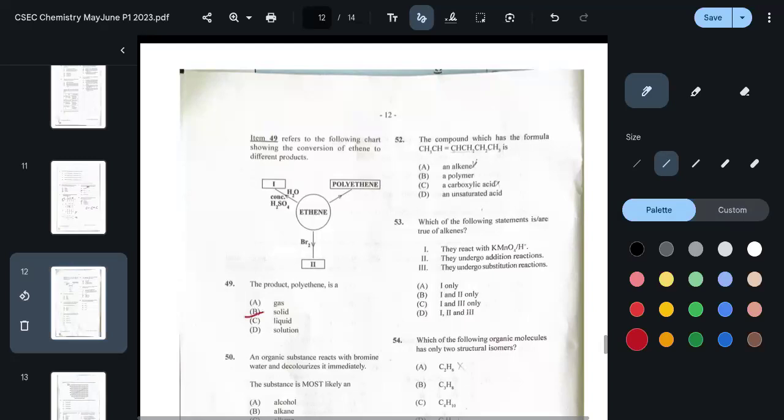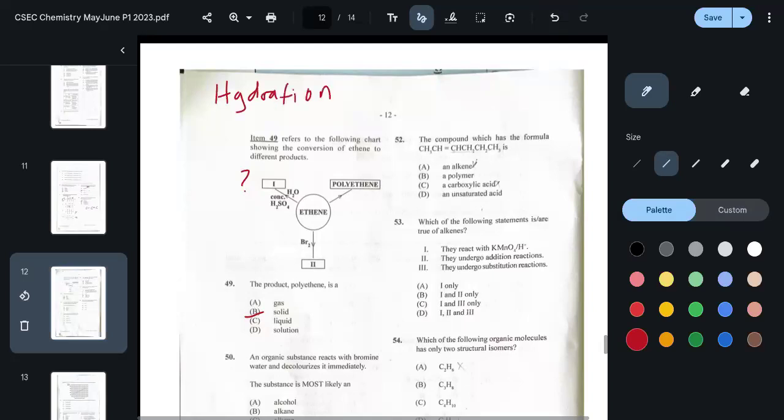Let me ask a next question, even though it's not here. What would be the product for I? So the reaction taking place there, I could ask you for the name of the reaction. The name of the reaction is hydration because you're adding water.